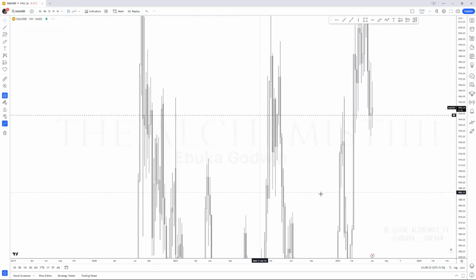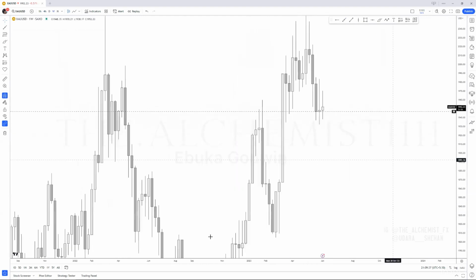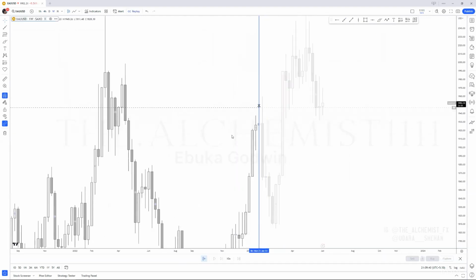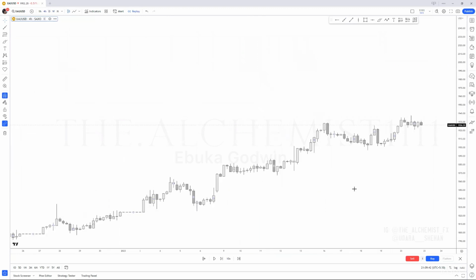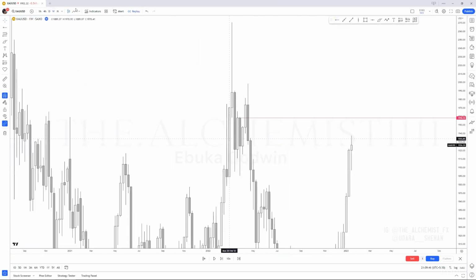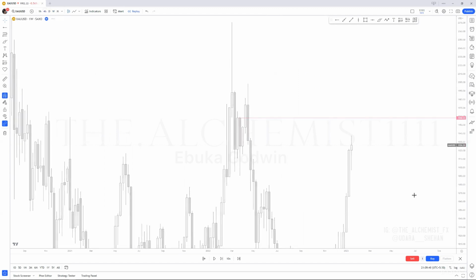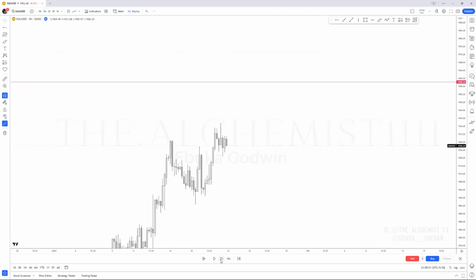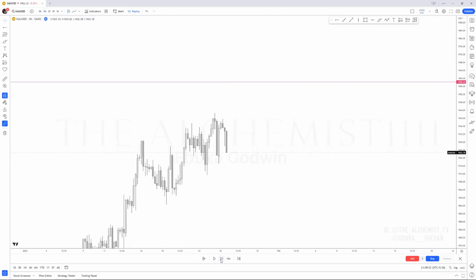If I go to weekly, it happened here. We had this weekly head and shoulders, and that is when the reversal trend line. Yeah, something here.